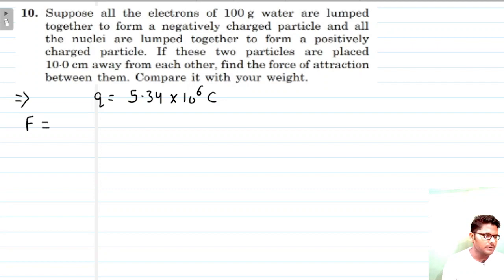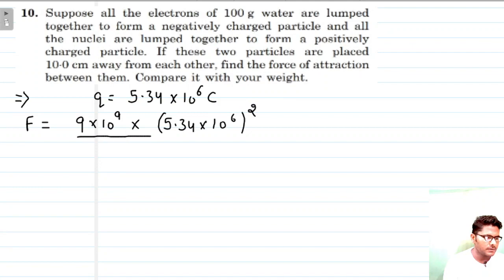So we have to calculate the force. The formula for the force is K Q1 Q2, where Q1 is 5.34 into 10 raised to power 6 coulombs, and Q2 is the same but opposite in sign, upon distance 0.1 meters squared.